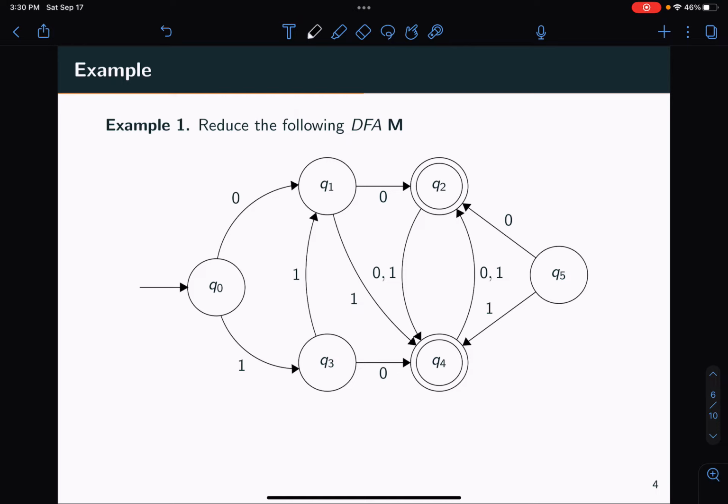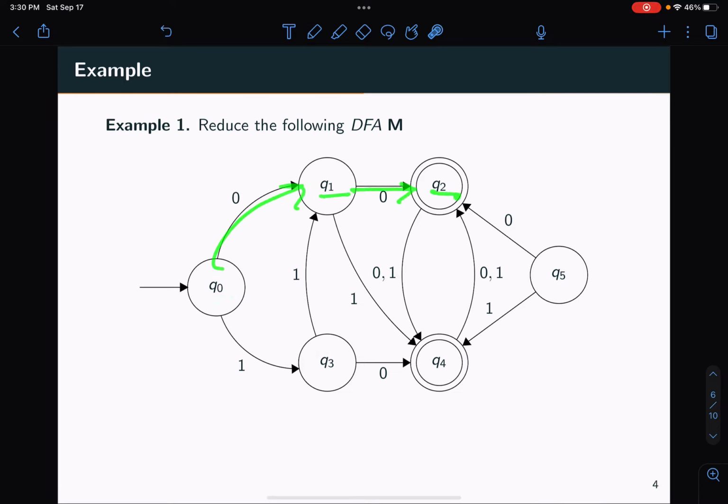So I have this machine M here. It accepts some language. I don't really care what the language is, but I want to reduce it. So what do I do? Well, I take M, I feed it into my state reduction algorithm. What's the first step? The first step is to get rid of all unreachable states. So what are the unreachable states? Well, from Q0, I can reach Q1, so that's fine.